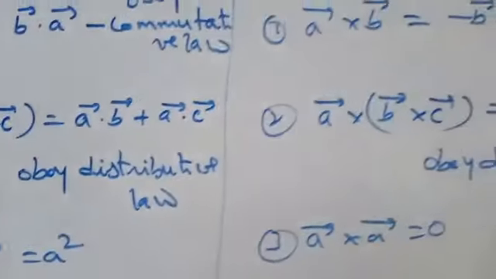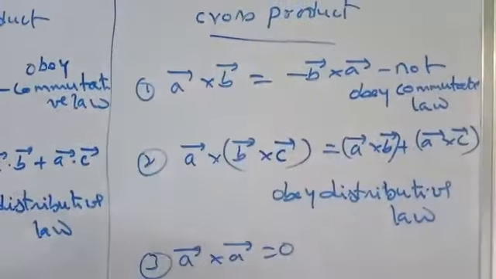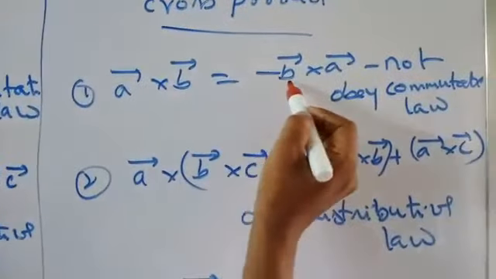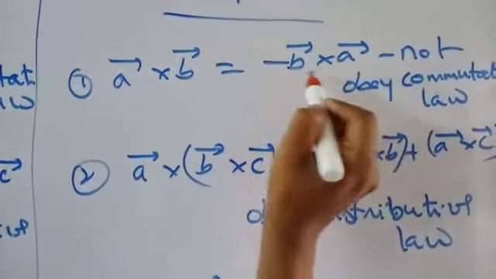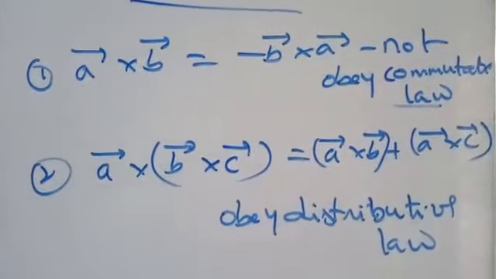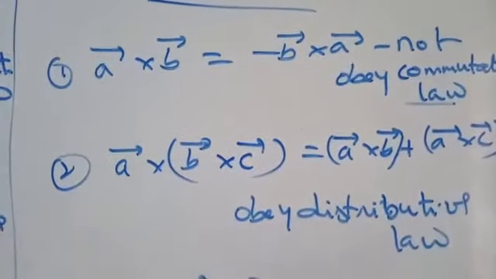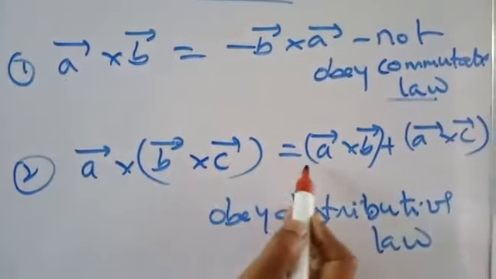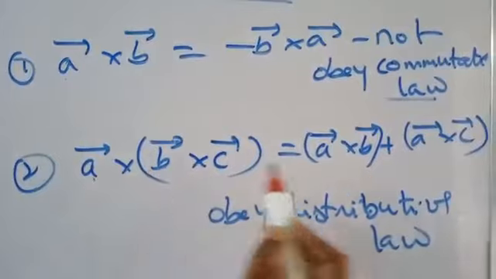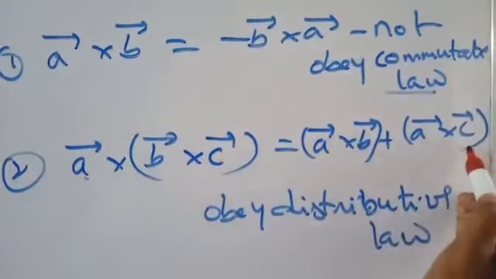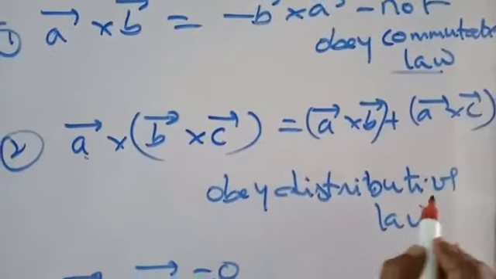The same we see in cross product. A bar cross B bar is equal to minus B bar cross A bar, so it does not obey the commutative law of vectors. Second point, A bar cross (B bar plus C bar) is equal to A bar cross B bar plus A bar cross C bar, so it obeys the distributive law.